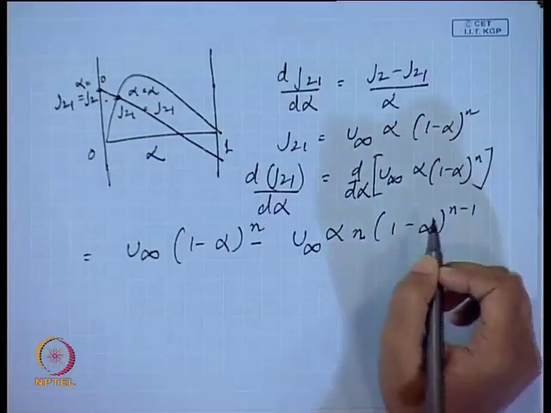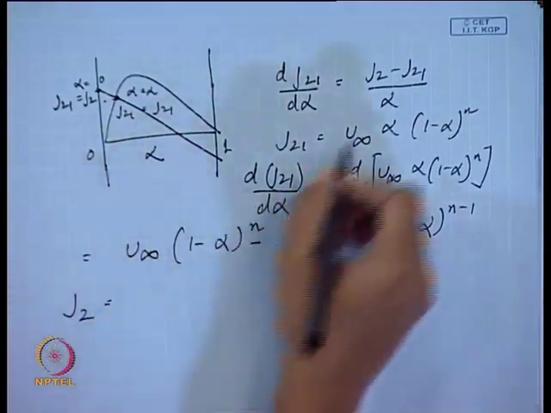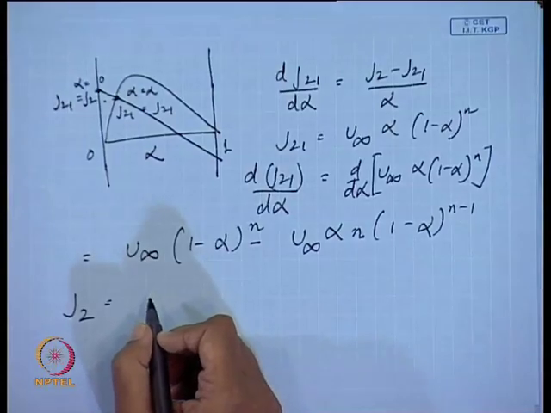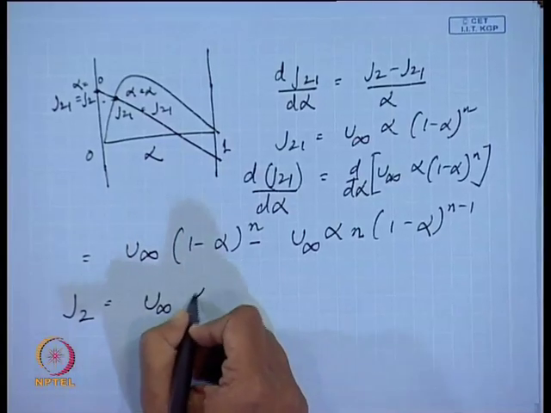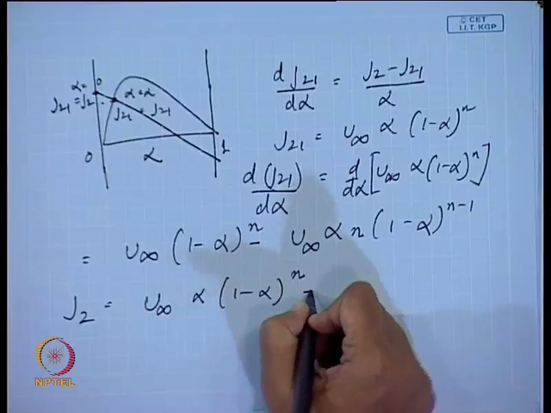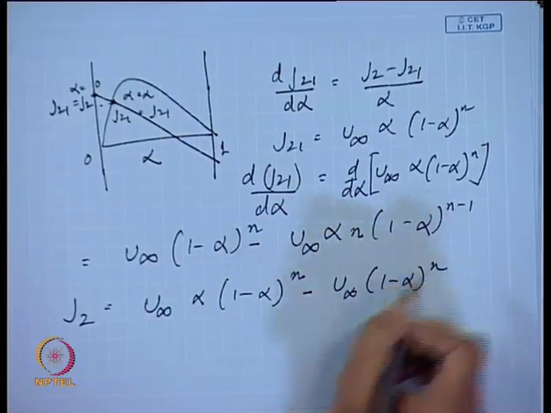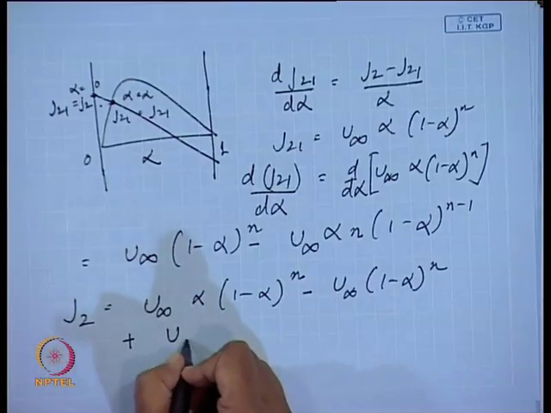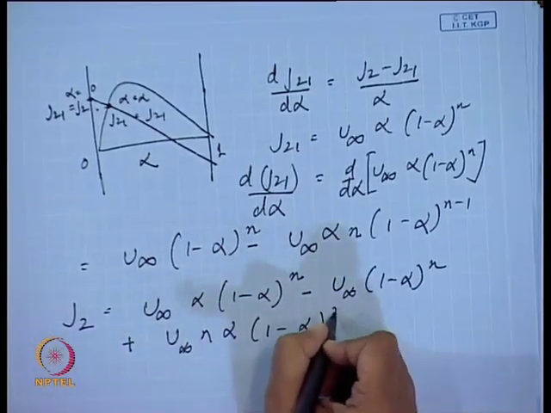Now, the moment I have got this, if you substitute it here, then I get J2 equals u infinity alpha into 1 minus alpha whole to the power n minus u infinity 1 minus alpha whole to the power n plus u infinity. Any point if you do not understand, you tell me.